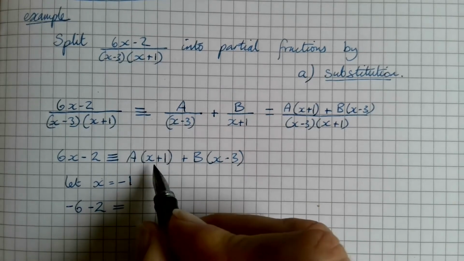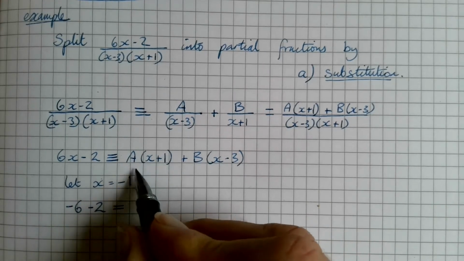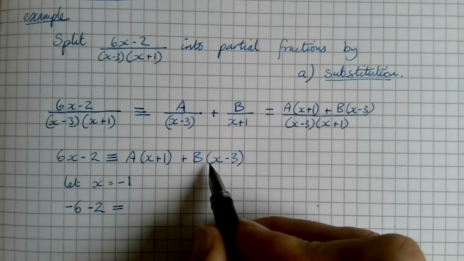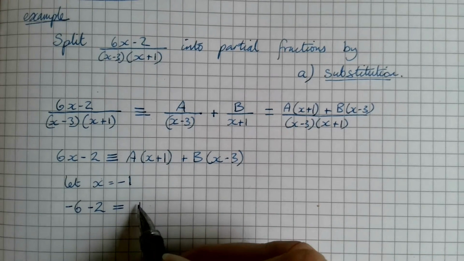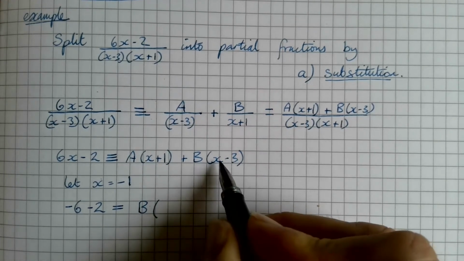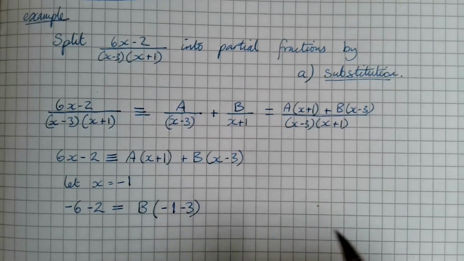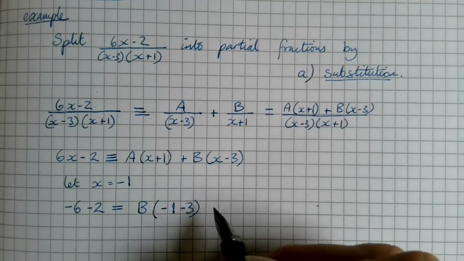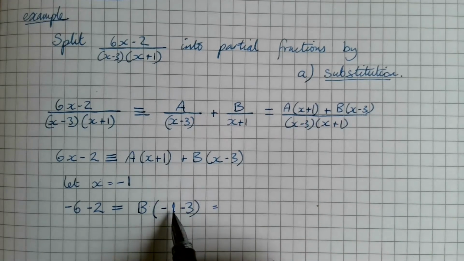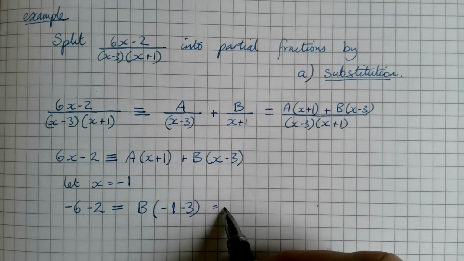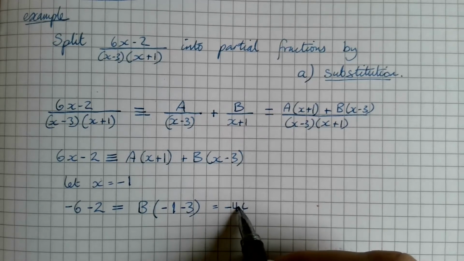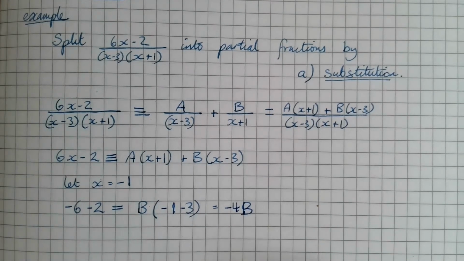And that's going to be equal to, all of this is 0, I'm then going to have B times (minus 1 take 3), which is minus 4. So that would give me minus 4B.